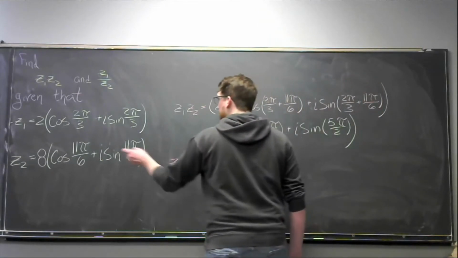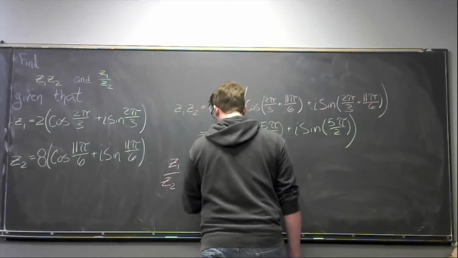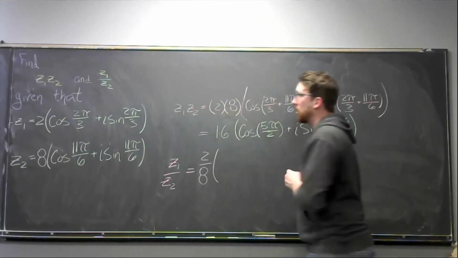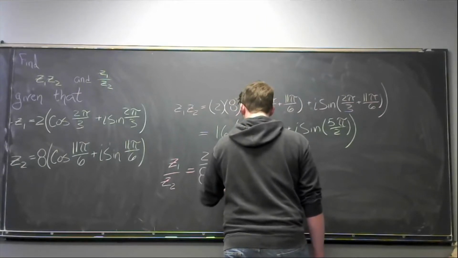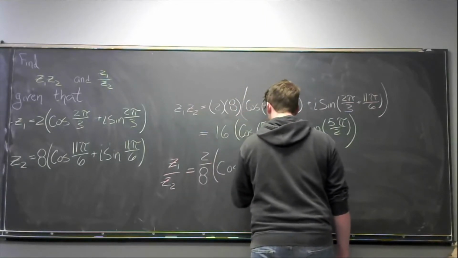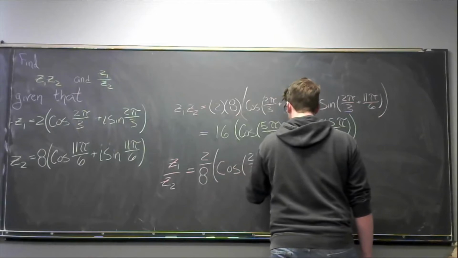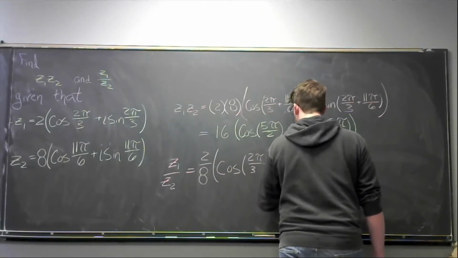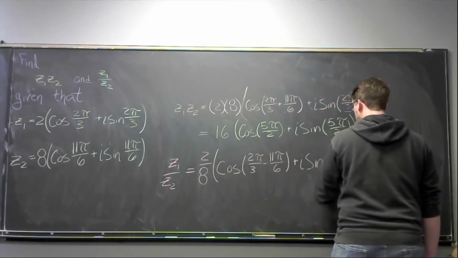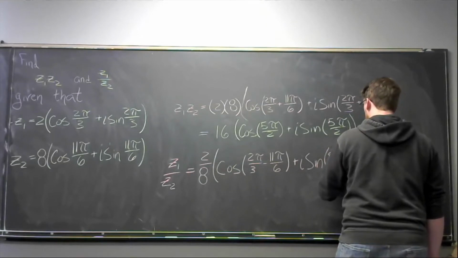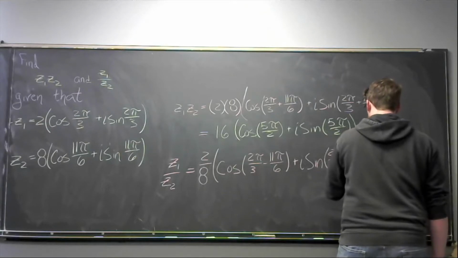And we're going to find that this comes out to be R1 divided by R2 times the cosine of 2 pi over 3 minus 11 pi over 6 plus I sine of the same thing, 2 pi over 3 minus 11 pi over 6.